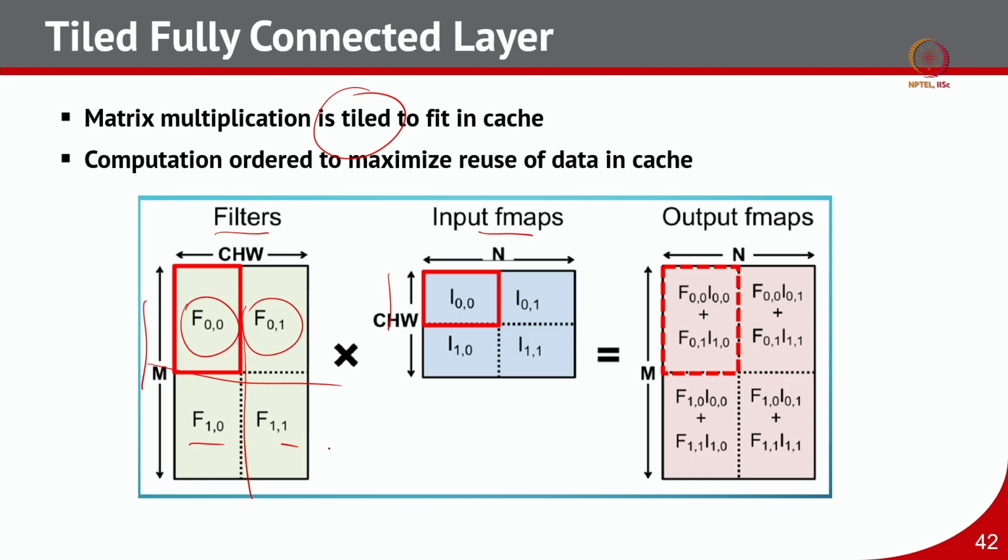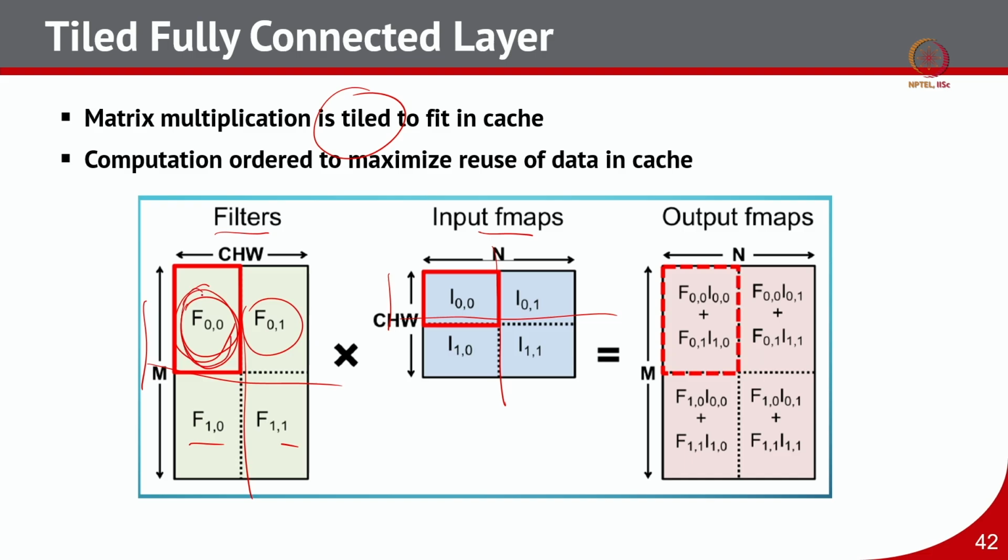Similarly, the input feature map has also been divided into 4 tiles: I00, I01, I10, I11. Now we have to perform tile matrix multiplication. Remember, F00 itself is a matrix, not just a number. We just divided the matrix into 4 quadrants, or 4 tiles.